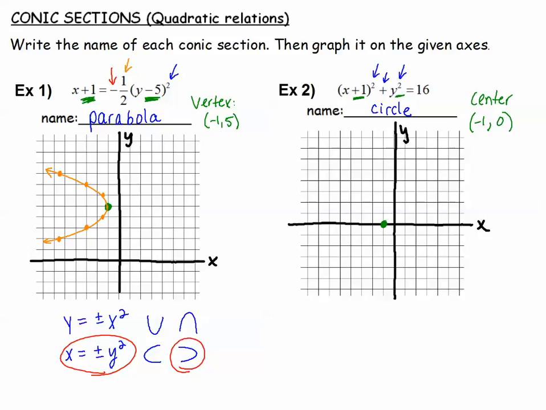And then I need the radius. The radius is shown by over here. This is r squared. So if r squared equals 16, r is the square root of that, which is 4. So from the center, I can count out 1, 2, 3, 4 in each direction. And here is my circle.